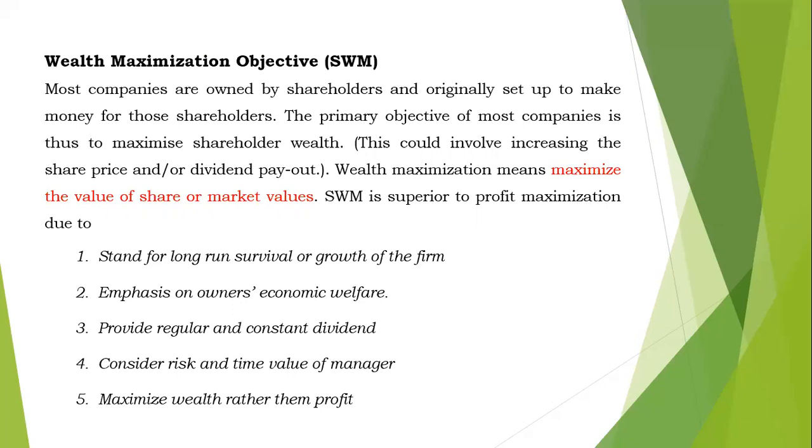Next, it provides a regular and constant dividend to the shareholders, the owners. Then, it considers the risk and time value of money. And it maximizes wealth rather than profit. So these are some of the superiorities of the wealth maximization concept over profit maximization.